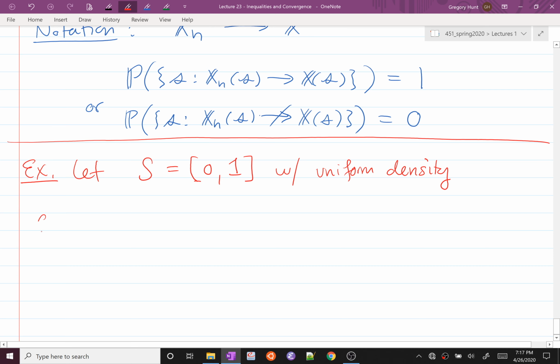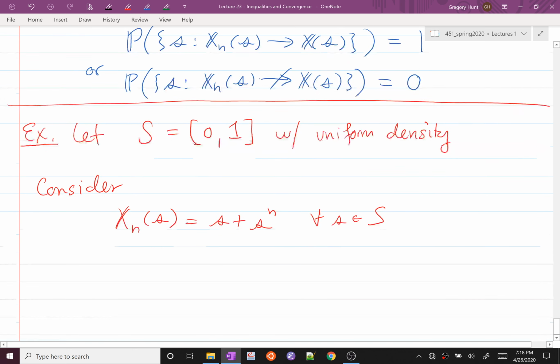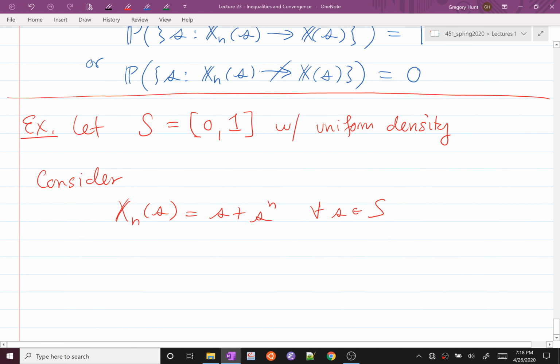And consider a sequence of random variables, xn of s, to be s plus s to the n. This is how we define a random variable, for all little s in the sample space capital S. This is weird because typically we don't define random variables function-wise. But if we want to show some examples of almost sure convergence, we actually have to think about the actual function of the random variable.